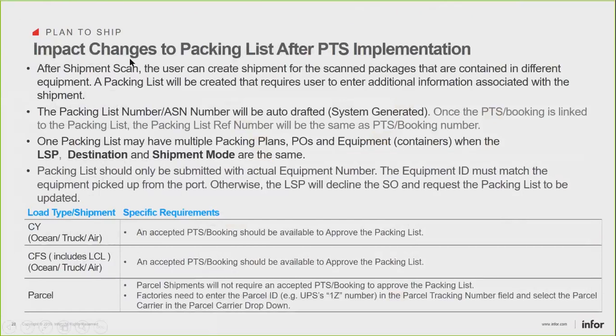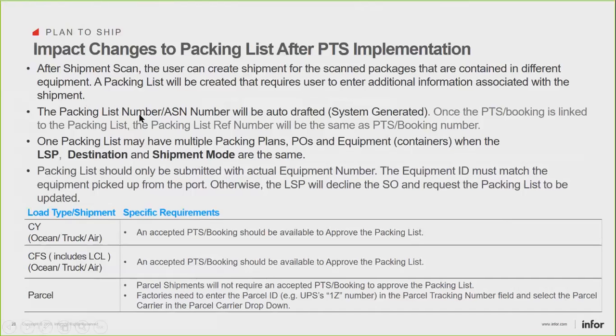So, impact changes to the packing list after Plan to Ship is implemented on the InfoNexus. Suppliers should create the packing list after shipment scanning. Then enter the required information on the packing list.